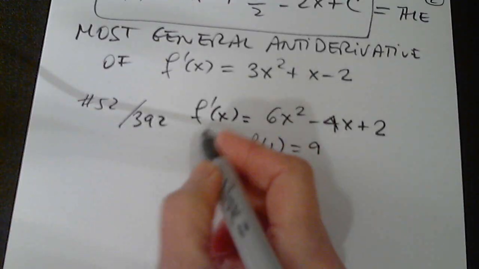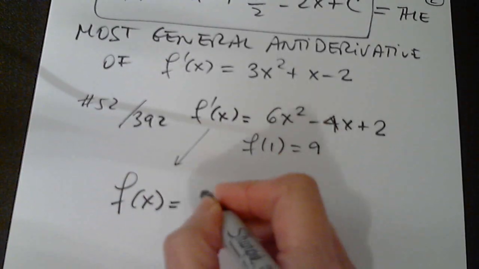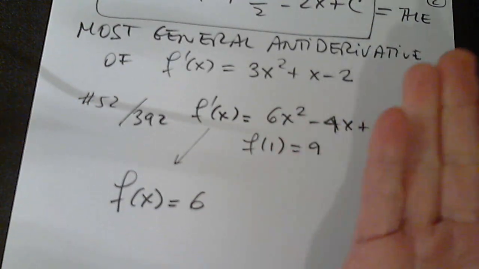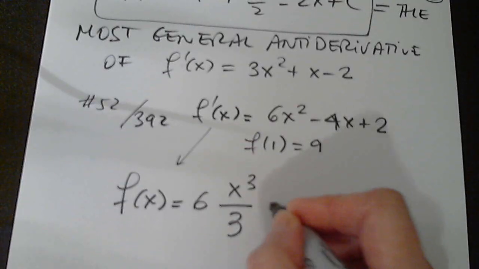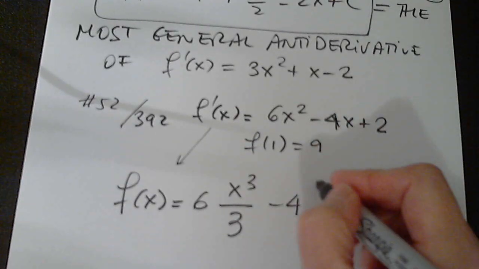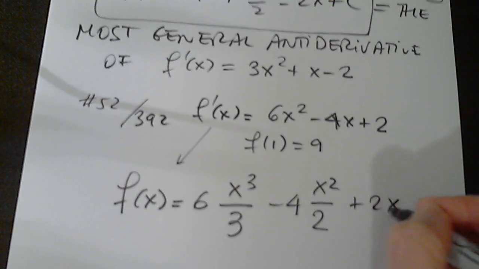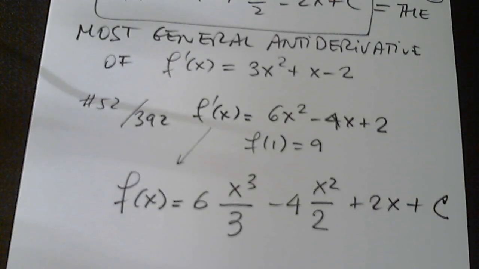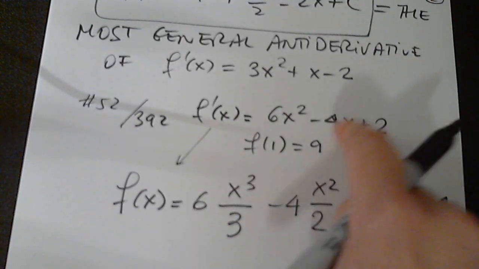So first we're going to start by finding the antiderivative. 6 stays, x squared, increase the power by 1, and divide by the result. Copy 4, increase the power by 1, divide by the power, and then 2x, and plus a constant c. The derivative of this is guaranteed to be that. The derivative of this is guaranteed to be that.